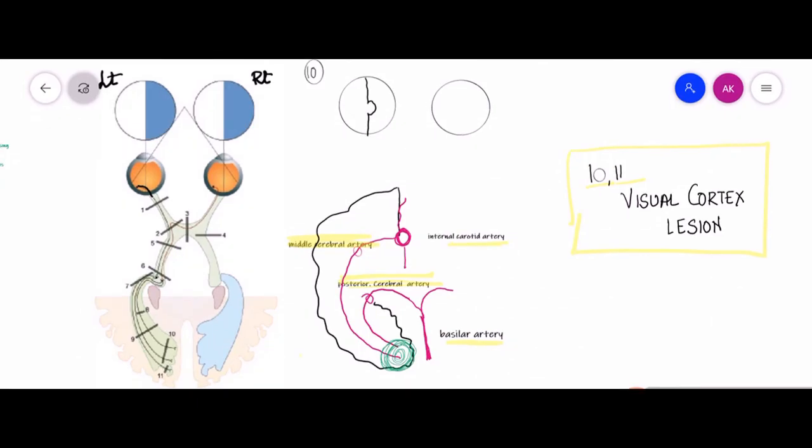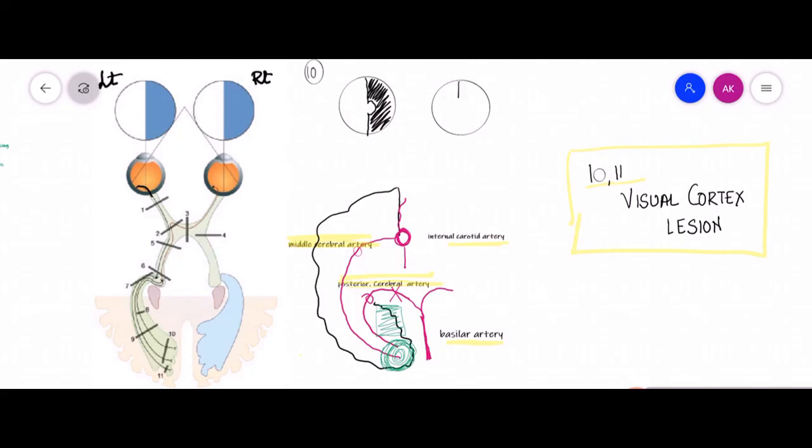Our posterior cerebral artery supplies most of the anterior part of the visual cortex. So whenever there is a stroke involving the posterior cerebral artery, almost the entire visual cortex will be affected except the macular part. So in such a case, we will see a homonymous hemianopia, but there will be sparing of the macula, right?